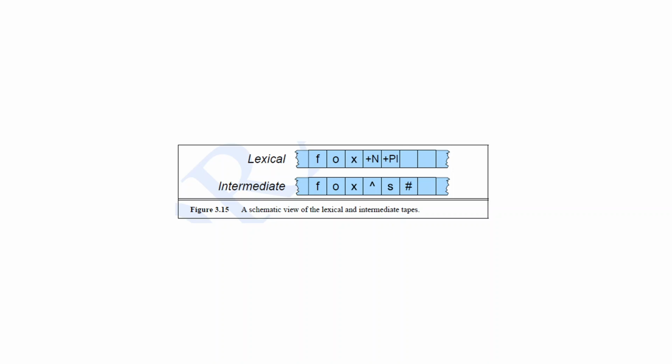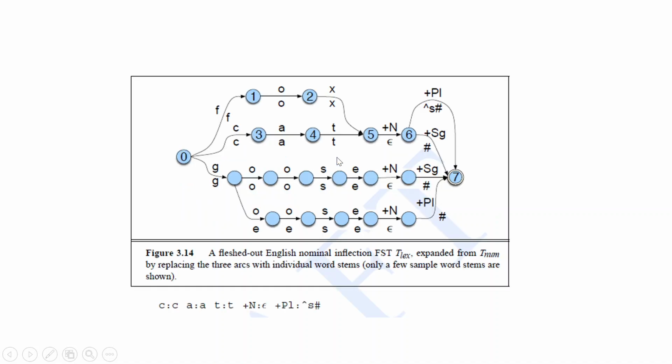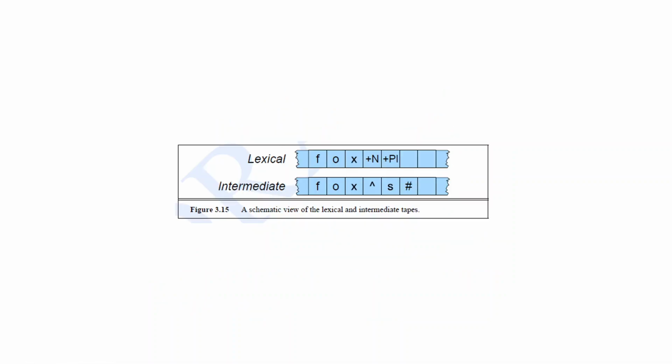So here what we saw is, say we are reading input like this and outputting this lexical form. That is what we saw in this finite state transducer. We read fox, followed by say this end of morpheme and s and hash. When you read that, you can generate fox followed by plus n, or similarly in the reverse direction you can read this and generate this also.